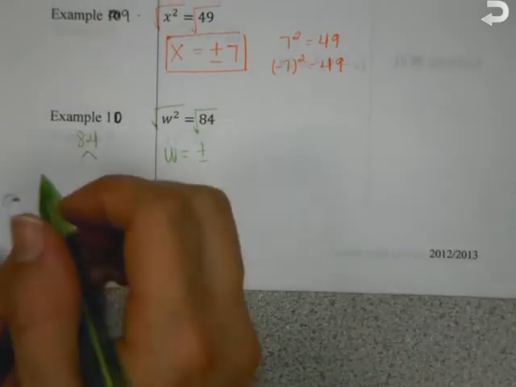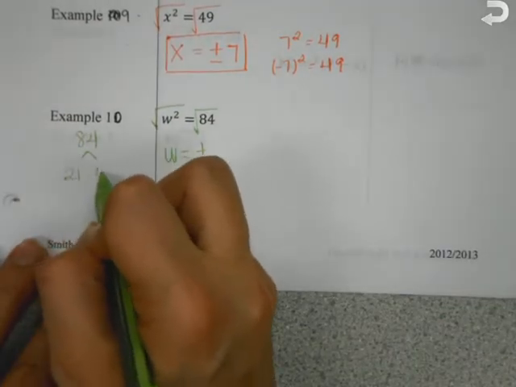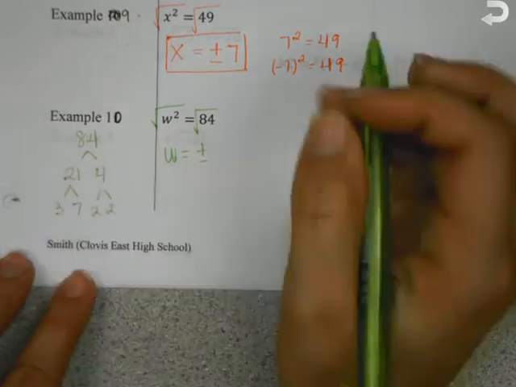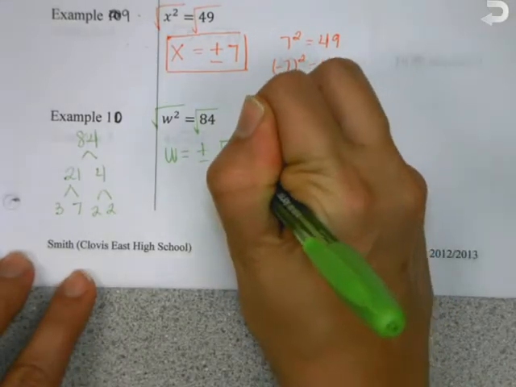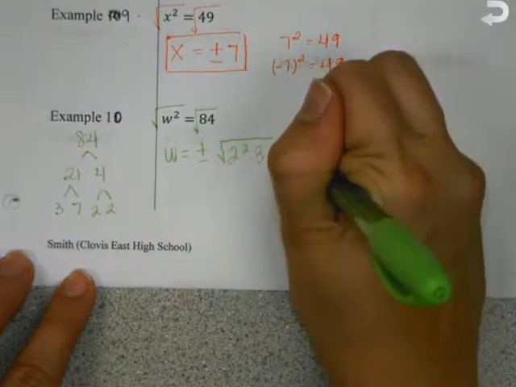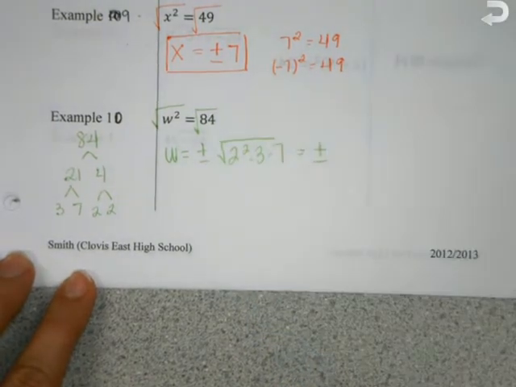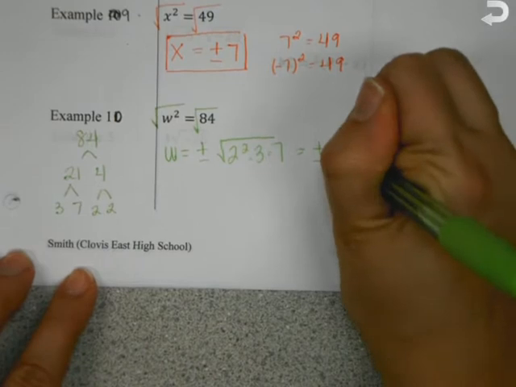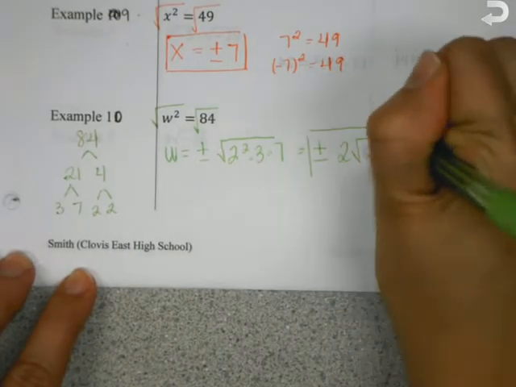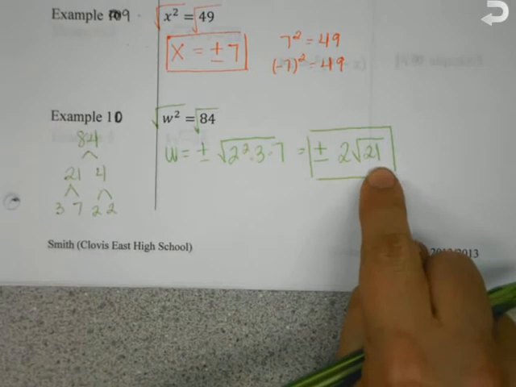So that's plus or minus 2 squared times 3 times 7. So what's my answer going to be? Plus or minus 2 root 21. Okay, so it's also possible to have a root as your answer. It's not always going to be a perfect square, but you still need to have the plus or minus. That's the purpose of showing you that.